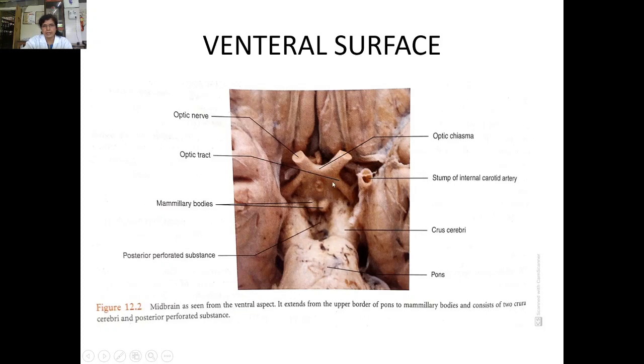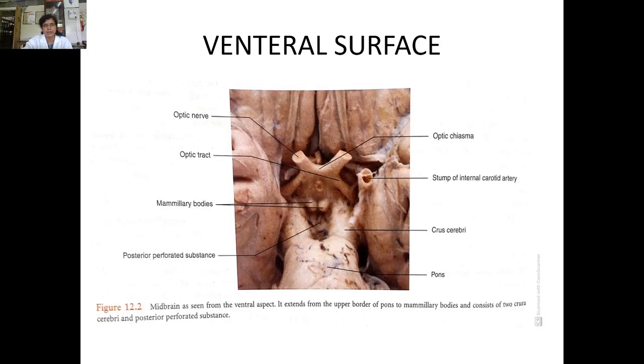On each side, anterolaterally, it is bounded by the optic tract, and posterolaterally by the crus cerebri of the midbrain. The contents of this fossa, from posterior to anterior: posteriorly there is the posterior perforated substance, a small area of grey matter which is pierced by perforating branches of the posterior cerebral artery. So it is called the posterior perforated substance.